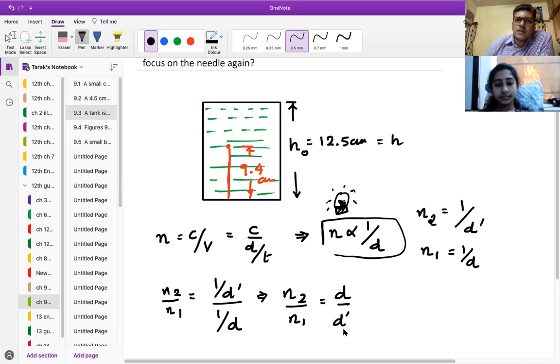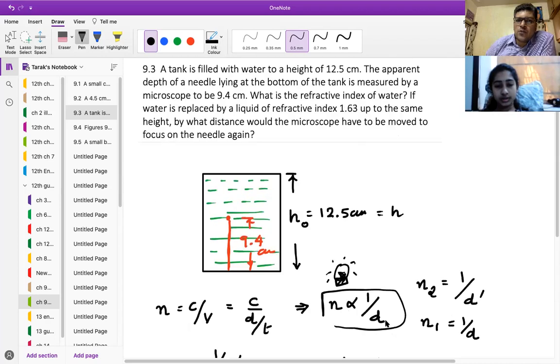What is d? It is the height h. And d dash is h dash. What is n2?